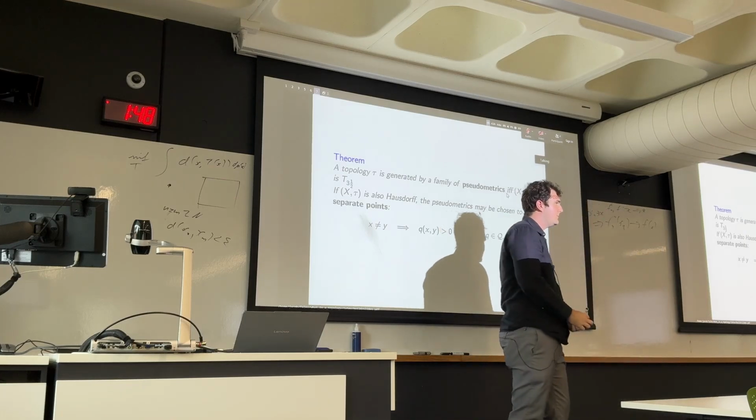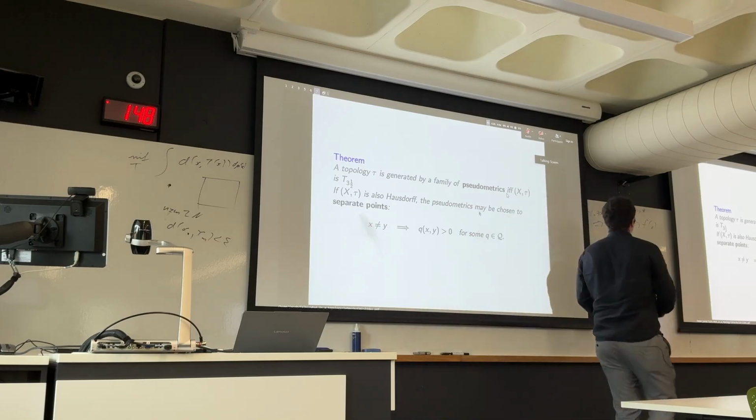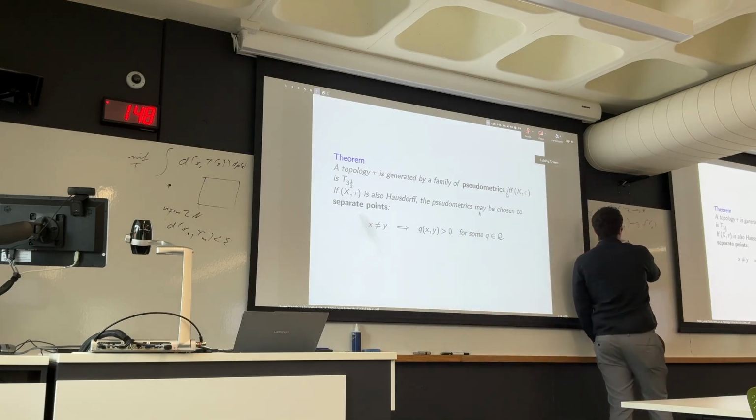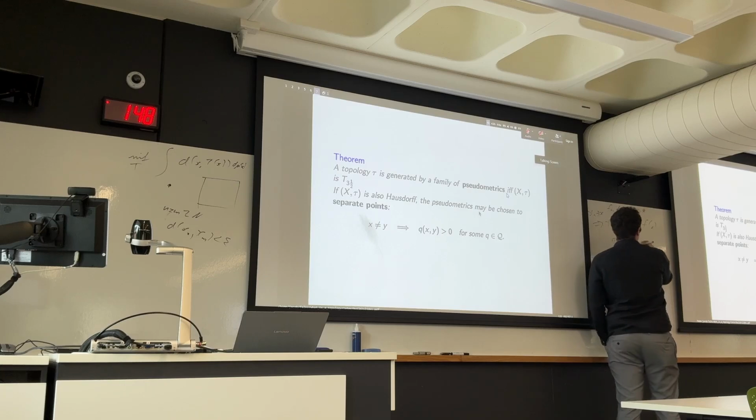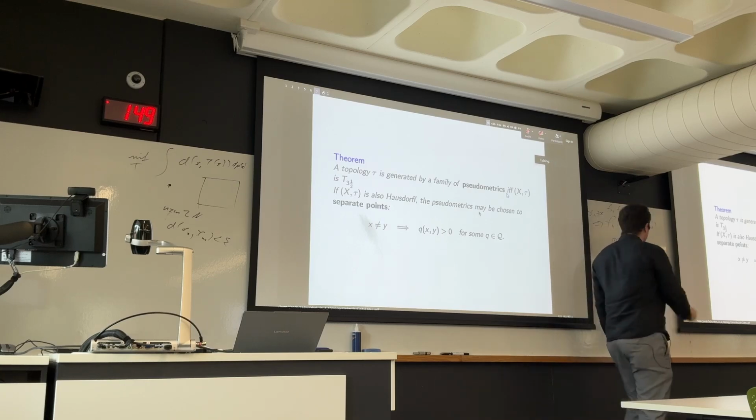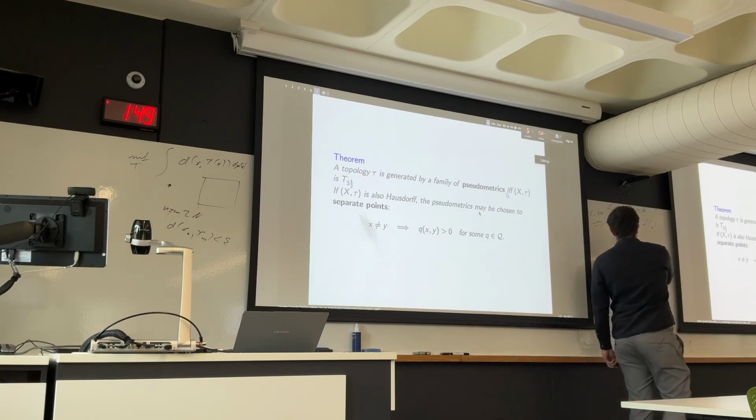And then there's this nice result that if measures converge weakly and you pass them through the image measure, that also converges weakly.